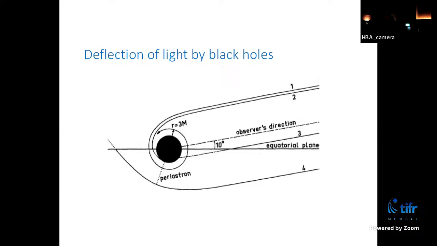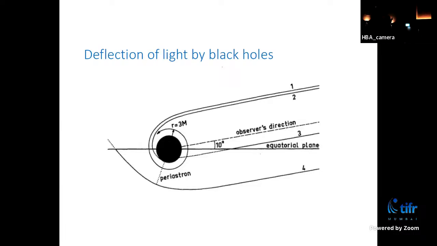But let's say some light ray is emitted from this point, then it is deflected all the way like this, and it reaches us in this direction. So even if something is happening behind the black hole, it is possible for us to see it due to this huge gravitational deflection created by the black hole.